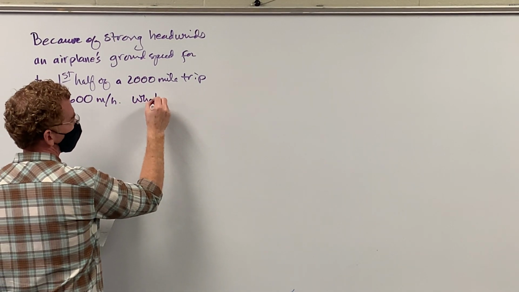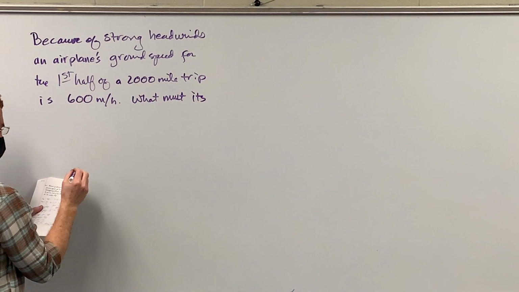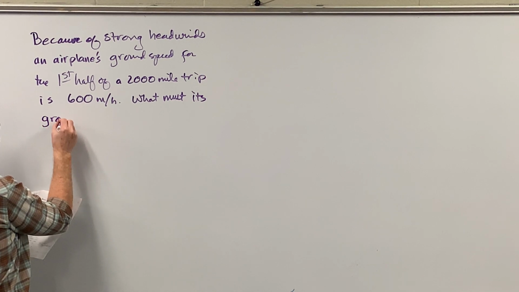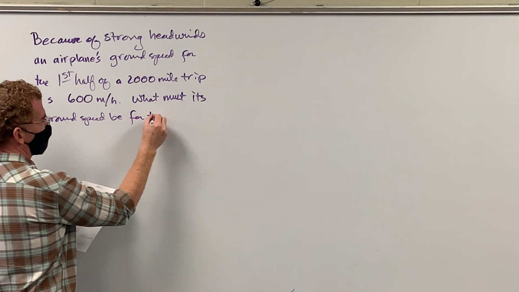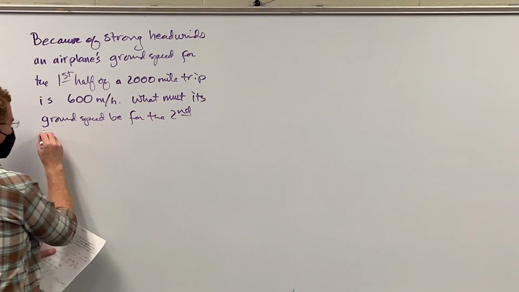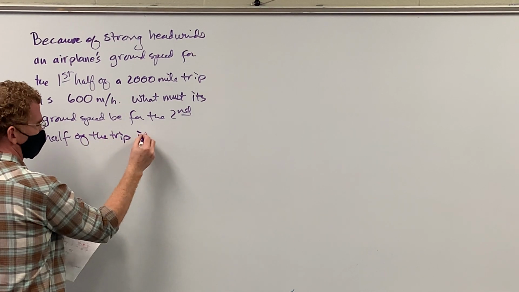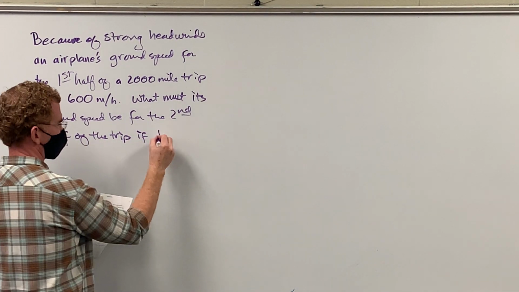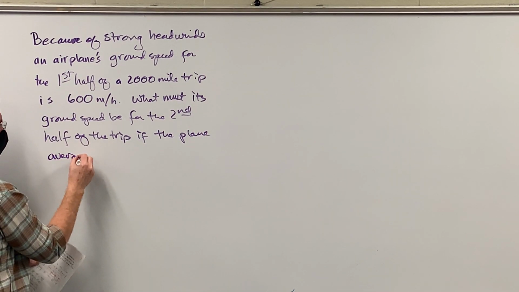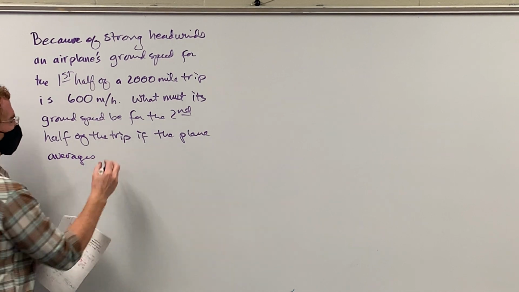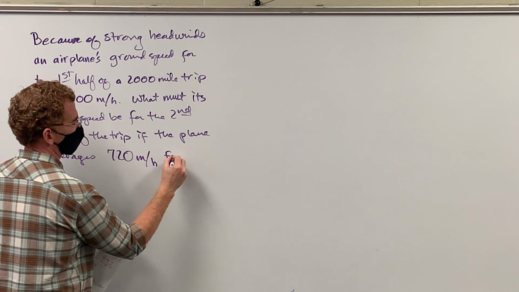What must its ground speed be for the second half of the trip if the plane averages 720 miles an hour for the entire trip?